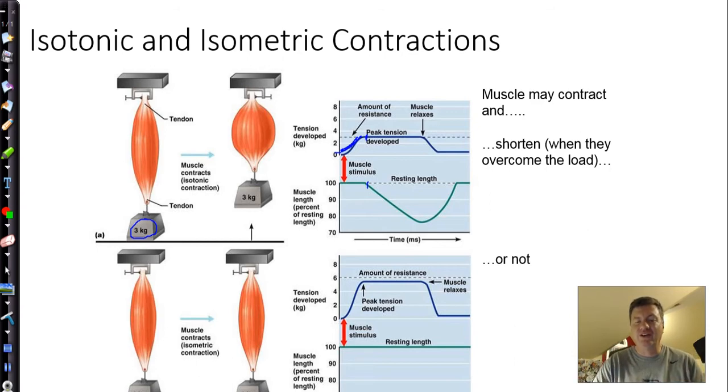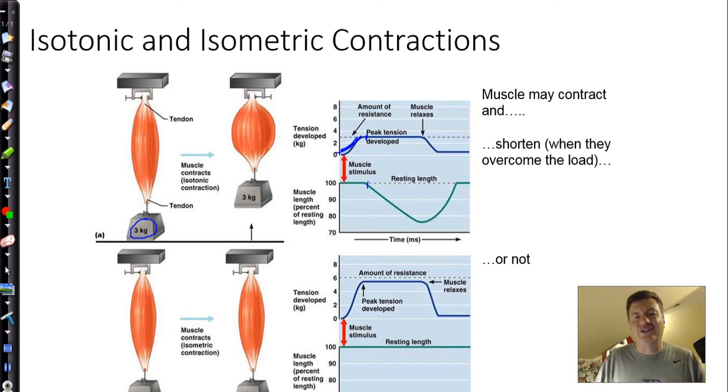So as you see here, it doesn't change its length. It doesn't change shape. If you try to lift something very heavy like a car, you may have muscle contractions, but you're not going to get the full range of shortening because the load's too heavy. You're still having myosin interact with actin. It's just nothing is sliding in that case.